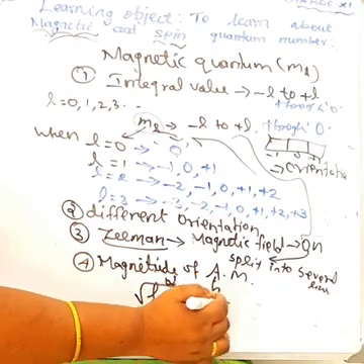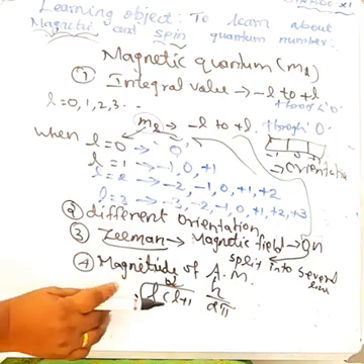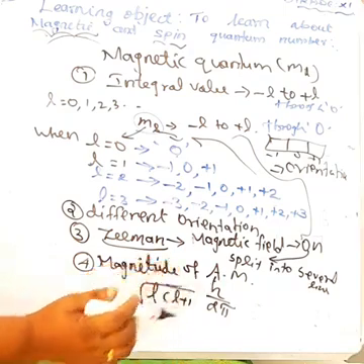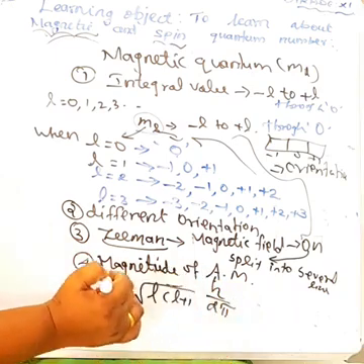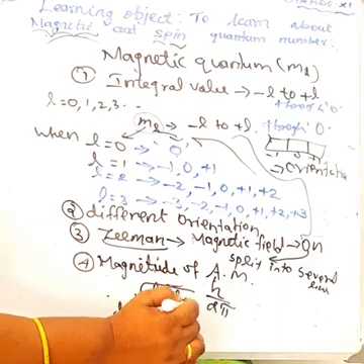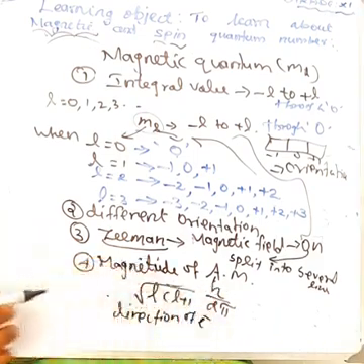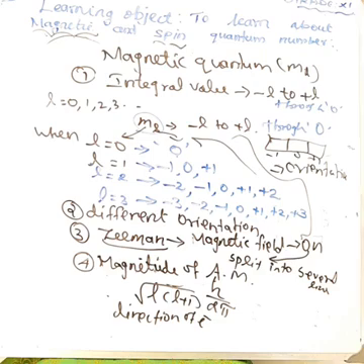But here, the magnetic quantum number is used to calculate the direction. Using the magnetic quantum number, we can identify the direction or orientation of different orbitals.